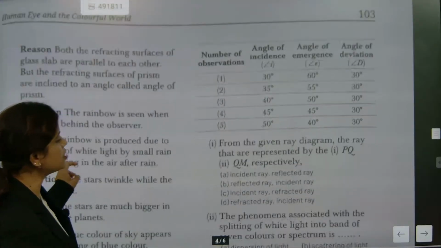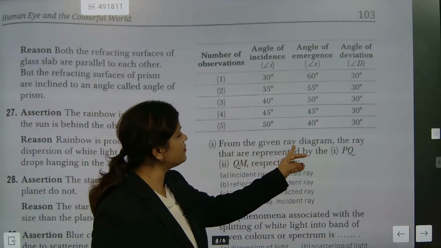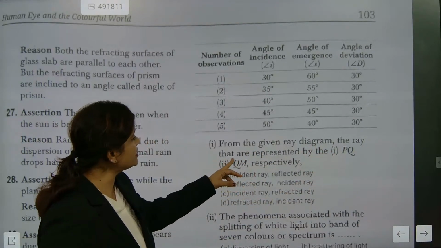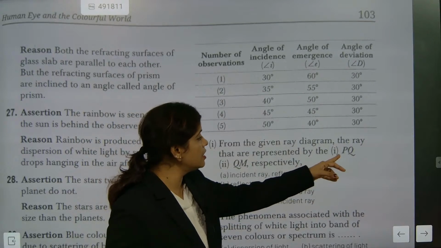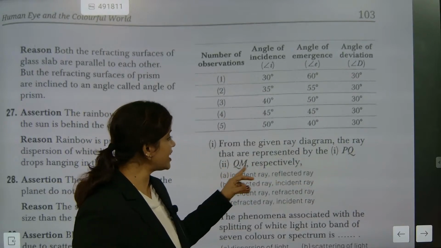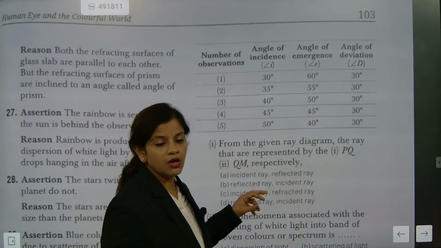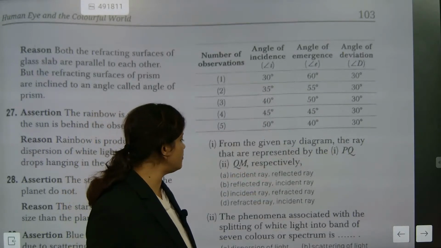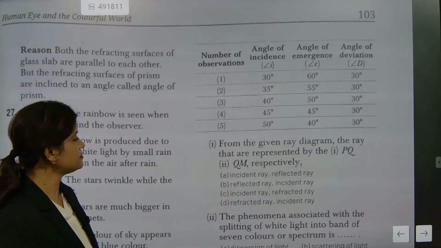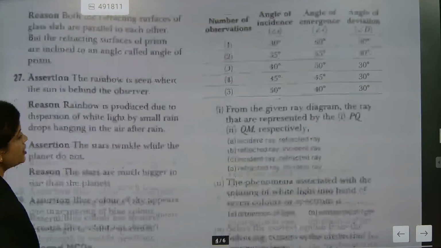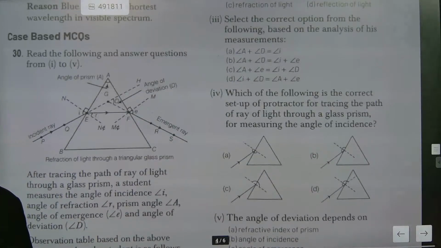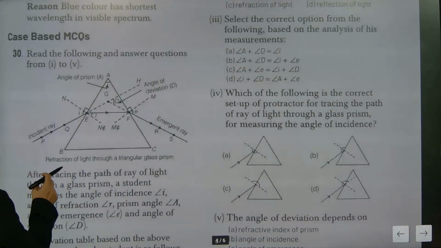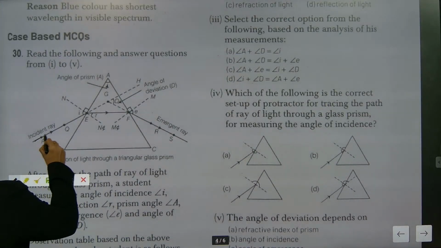But the first question, what they are telling, from the given ray diagram, the ray that is represented by PQ. First one is PQ and then QM respectively. PQ and QM. Incident ray and refracted ray.